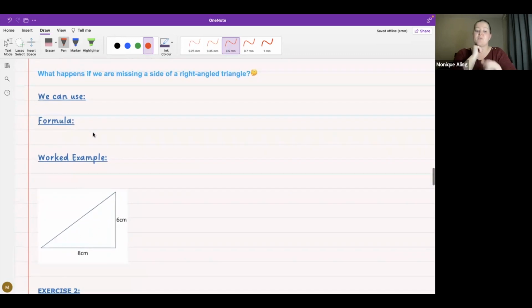If we look at this work example, how would I figure out that missing side? Yes, Ayabonga and Ben. We use Pythagoras. Okay, and does anyone know the formula for Pythag?